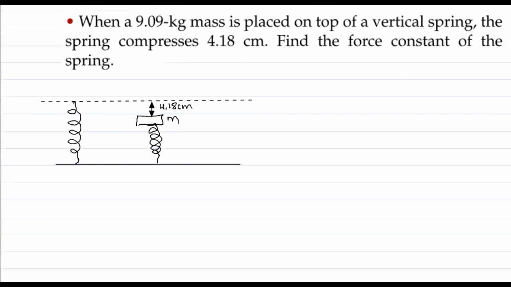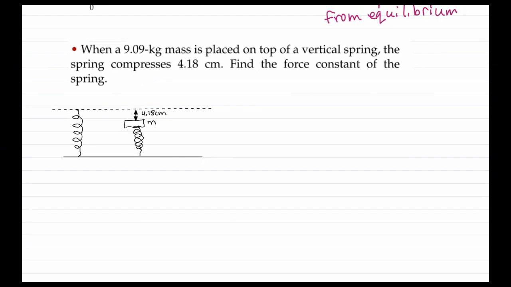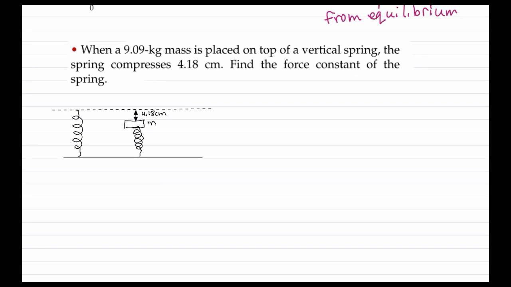And we're interested in the force constant of this spring. So the way I'm going to solve this problem is I'm going to draw a free body diagram for this mass. So here is my coordinate system. I'm only going to care about the y direction, the vertical direction. All my forces acting on this mass are either up or down.